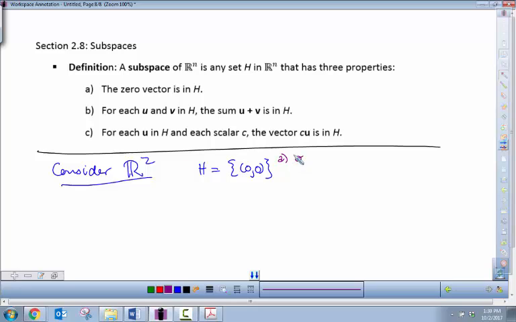So the 0 vector is in H. Now, the second one assumes that you have other vectors in there, that if you have other vectors, you can add them up, and they would still be in H. But you only have 0 in there, so 0 vector plus a 0 vector is equal to 0. So no other vectors. So this is also satisfied.